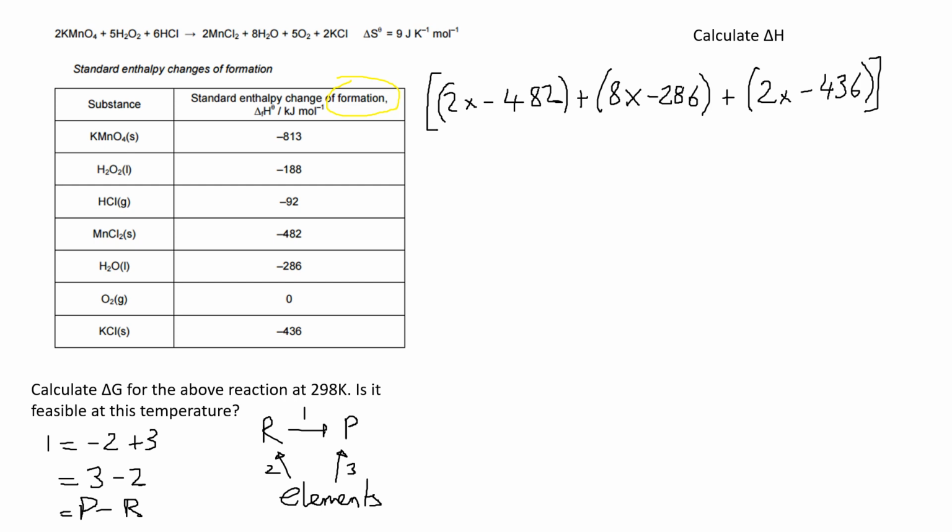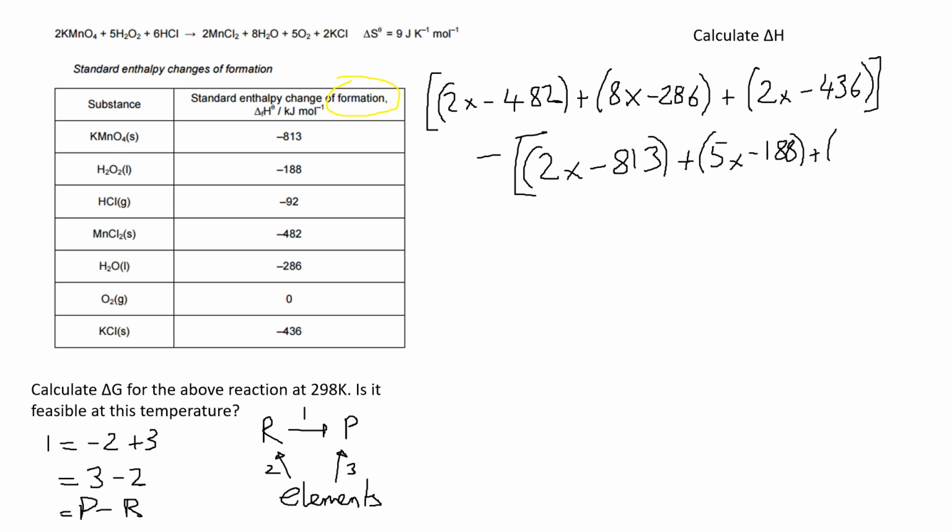That's our products. And then it's minus the reactants, which is 2 lots of KMnO4, which is 2 lots of minus 813. Plus 5 lots of H2O2, so that's 5 times minus 188.